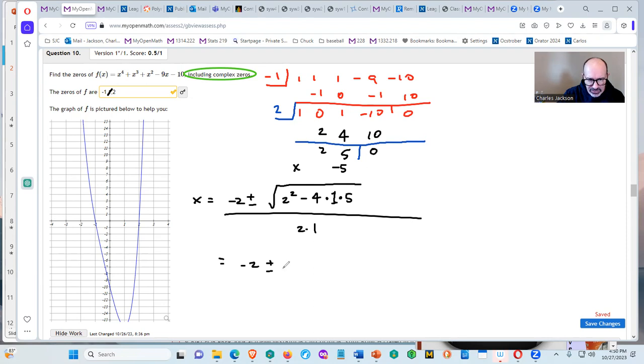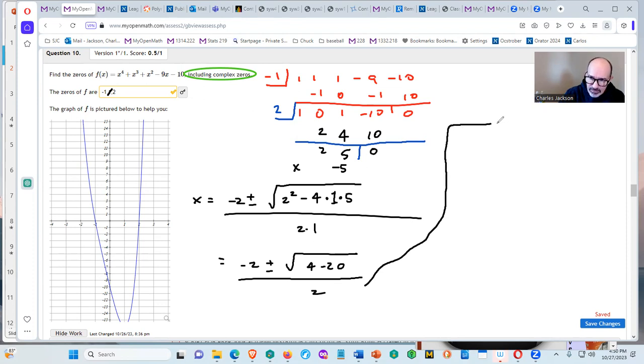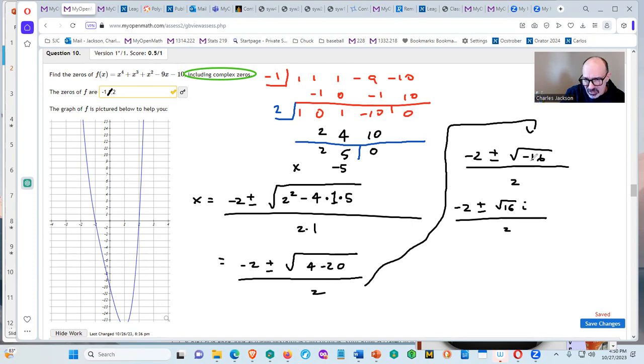-2 plus or minus square root 4 minus 20 all over 2, which is -2 plus or minus square root -16 all over 2, which is -2 plus or minus square root of 16i all over 2. Negative comes out as i on the outside, which is -2 over 2.